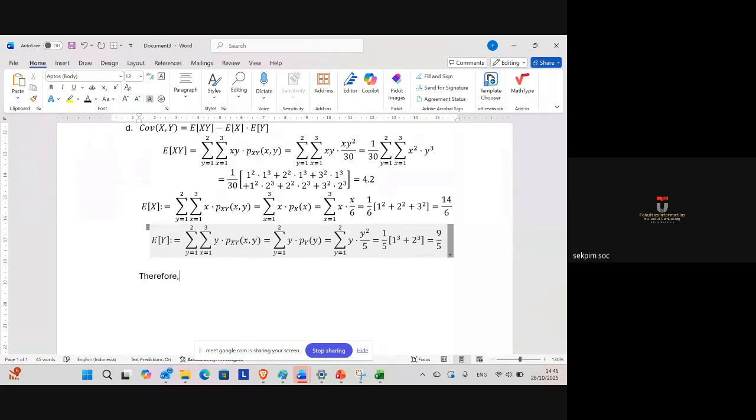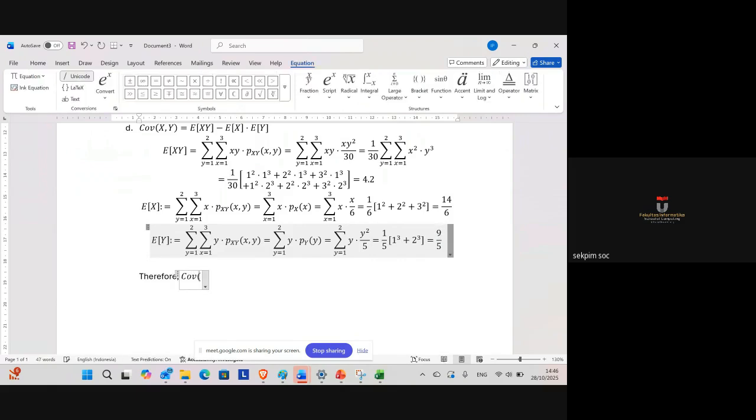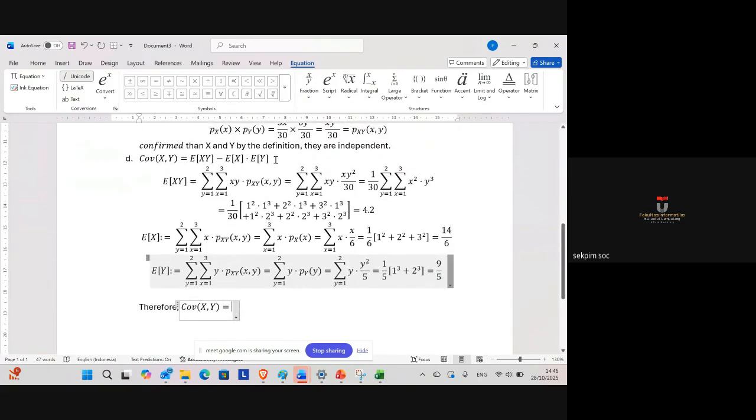Therefore, the covariance of x, y equals this formula, right? Just copy this, and we get the expectation of x in decimal since we get it from the Excel. Expectation of x is this one, right?